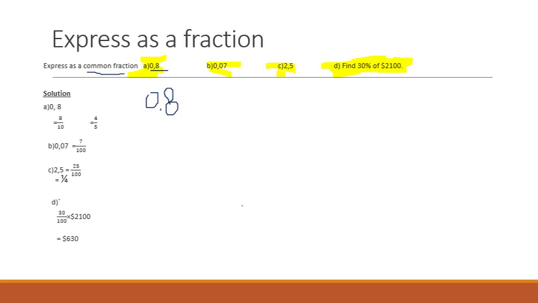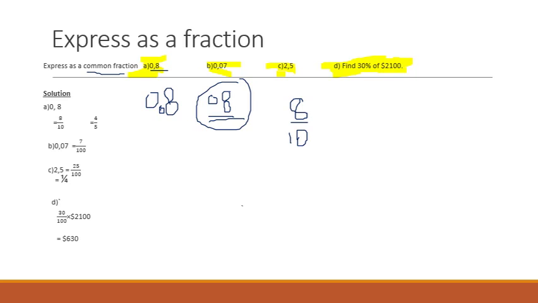To make it very easy, we are going to remove this comma. Then we have 0.8. It's below 10, right? So it means we are going to say 8 over 10. You shall see in the next questions why I chose 10 here.